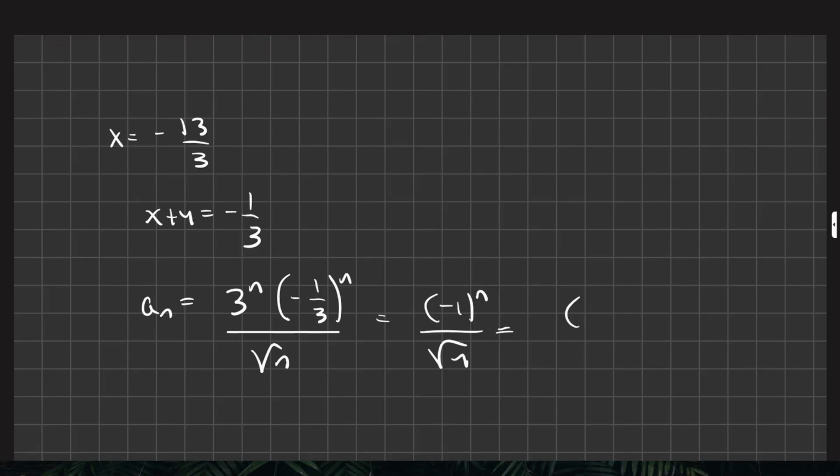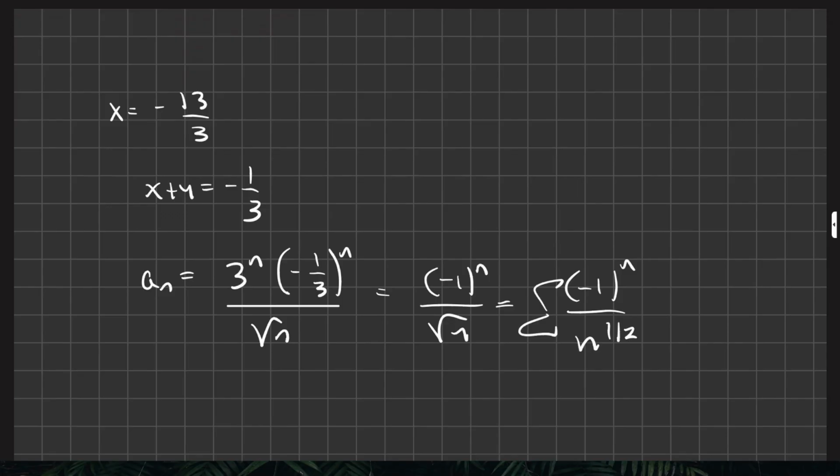This is equivalent to negative 1 to the n over n to the 1/2. We can see pretty quickly that though this has a p series form over n to the 1/2, this is an alternating series. So we can actually use the alternating series test, and this converges.